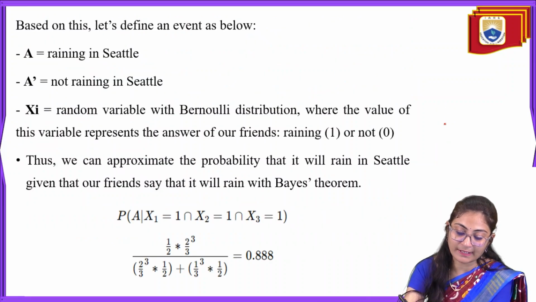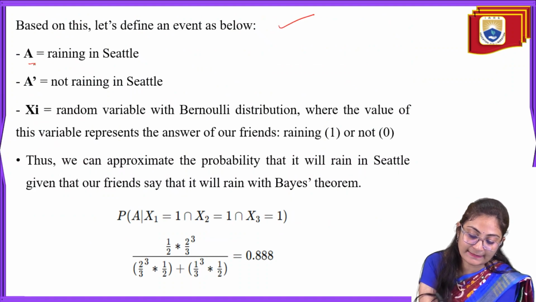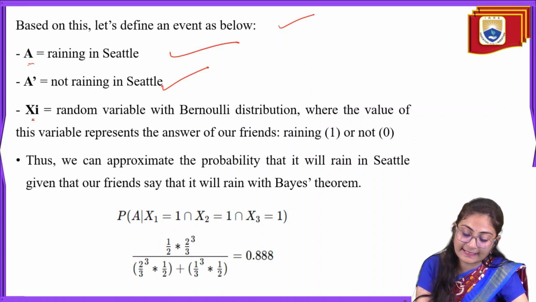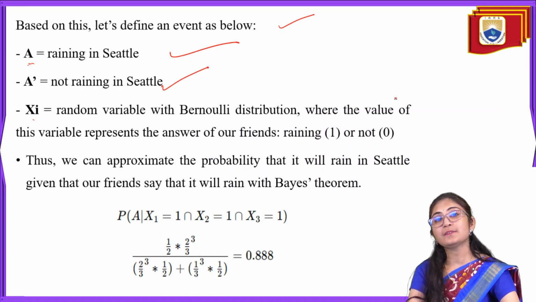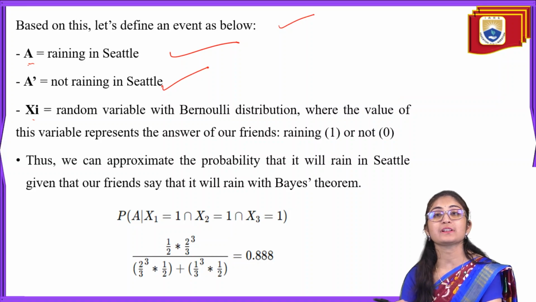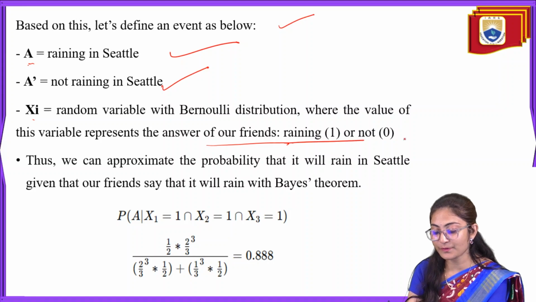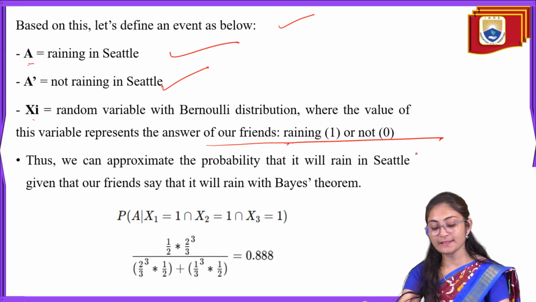So based on this, let A be raining in Seattle, A not be not raining in Seattle, and xi be a Bernoulli random variable whose value represents the answer of friends, raining 1 or not raining 0.